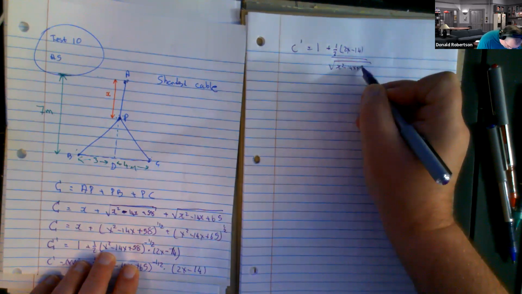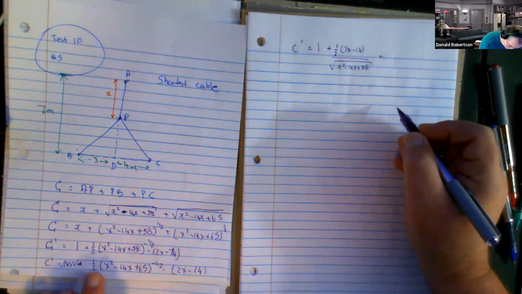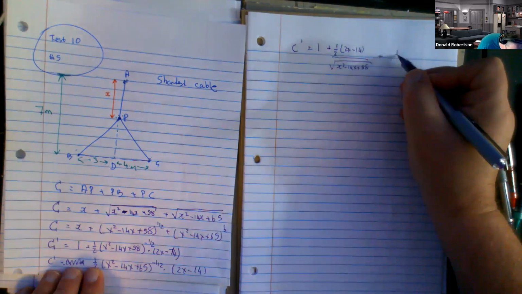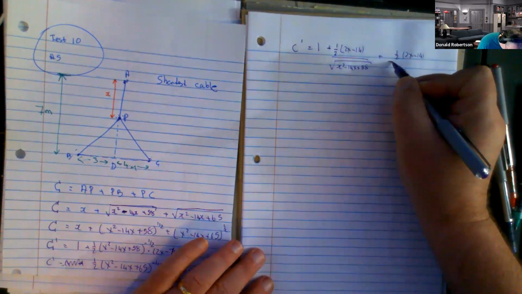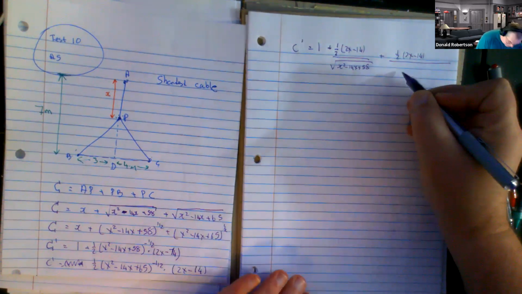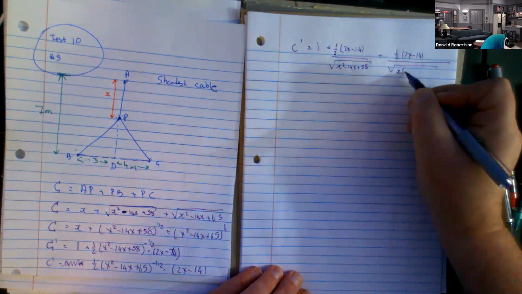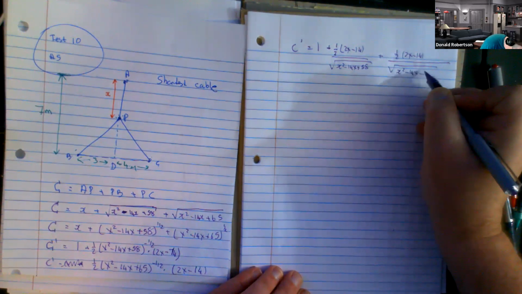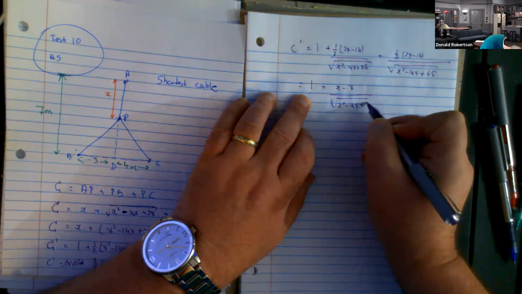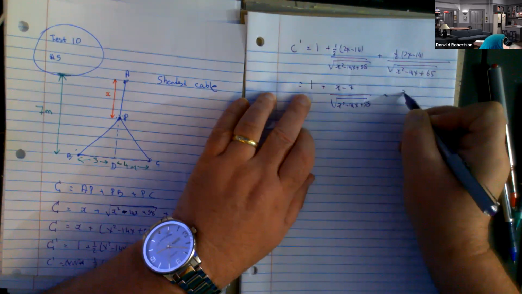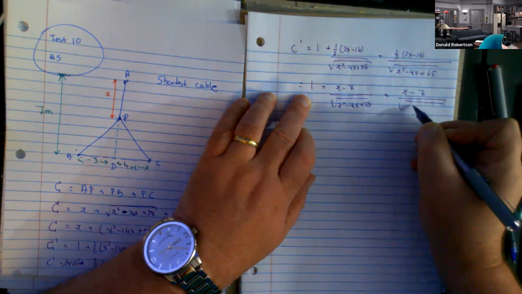Plus 1/2 times 2x take away 14 over a different ugly square root. Can I do a little bit more to that? I guess I could. Let's call that x take away 7 over this ugly square root. And also another x minus 7, but over a different ugly square root.